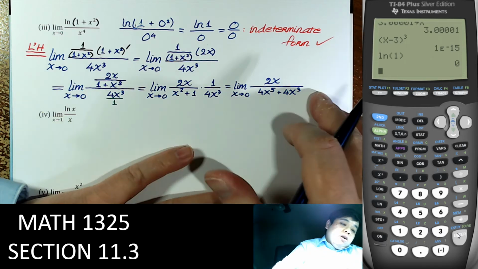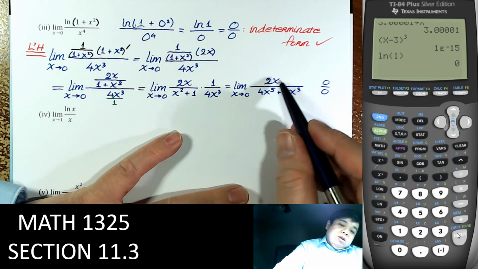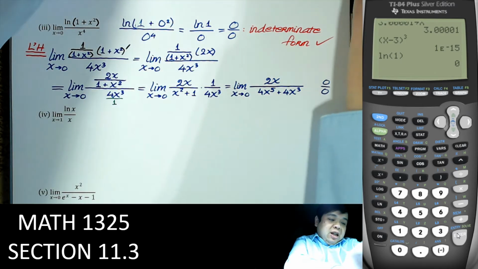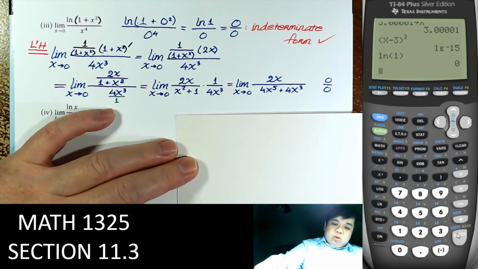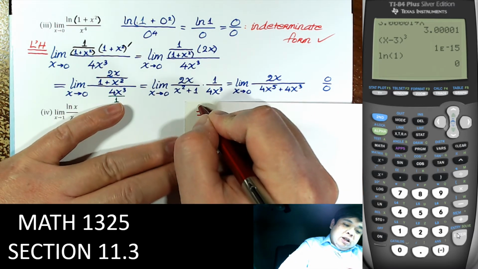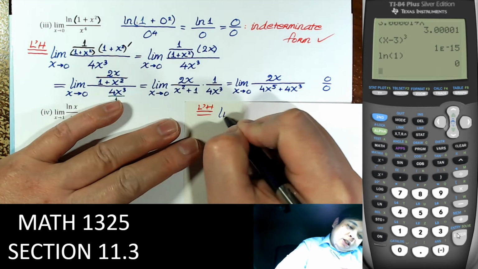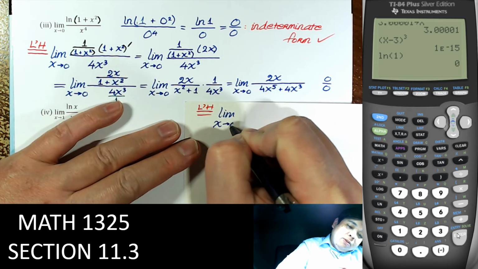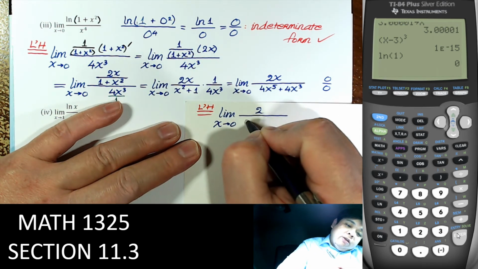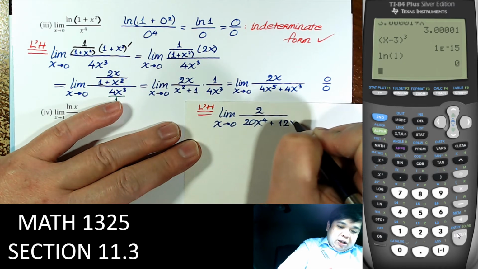Now we put in 0 again. We have 0 over 0 again, because there's an x. So we take the derivative one more time. Sometimes we have to use L'Hopital's rule one more time, since that is in indeterminate form. Using it one more time gives us 2 on the top, and at the bottom we have 20x to the 4th plus 12x squared.